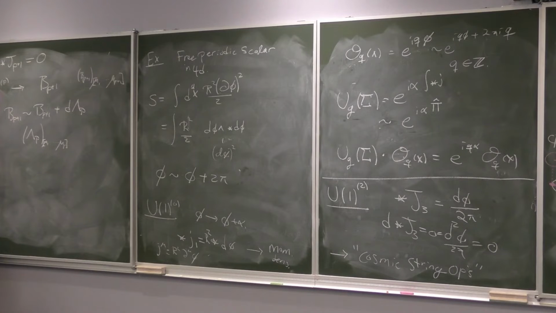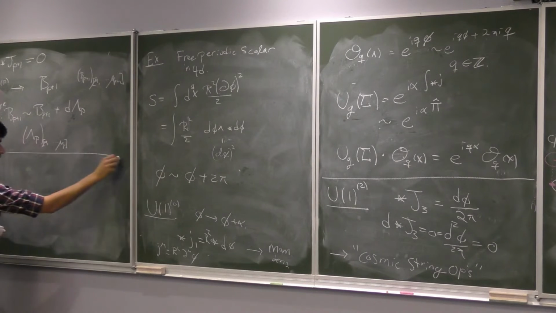So this is our gauge symmetry. And this is actually one of the reasons why they call them p-form symmetries, because the transformation parameter is a p-form, which you can debate whether or not that's a good idea.